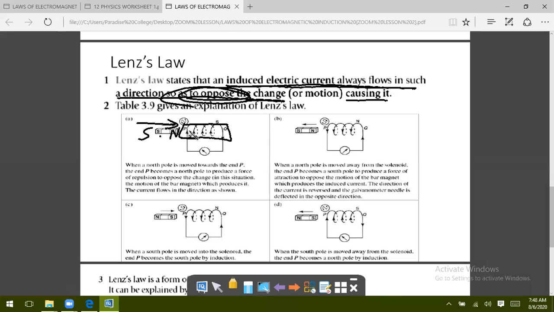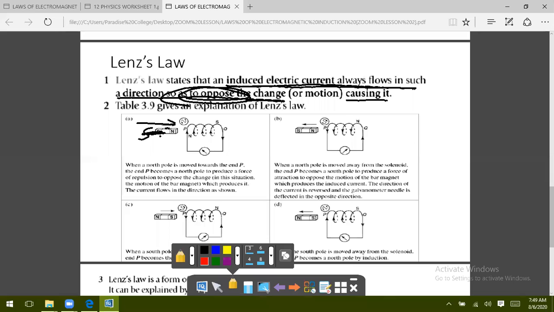To identify the current direction, we're using the right-hand grip rule. Using the right-hand grip rule, current directions are given. As you can see, current direction is moving up this way. Using the right-hand grip, we can identify that this is the north pole and that is the south pole.